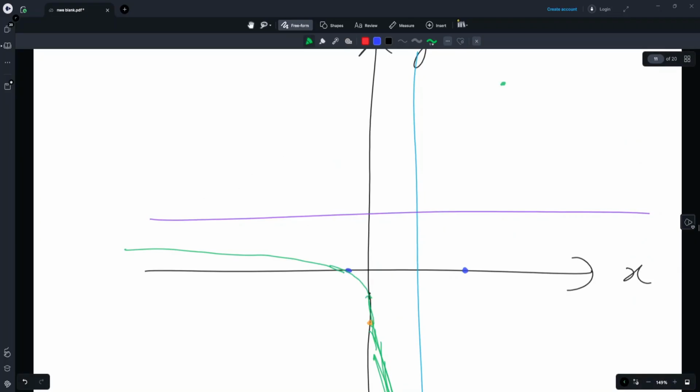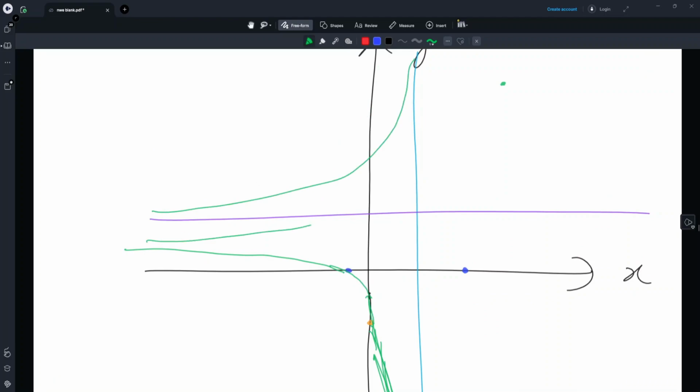Otherwise, if not much other information were given, it could cross through here, or like this. Sometimes we notice even the graph crossing the asymptotes once or twice. So we have to be careful about that as well.